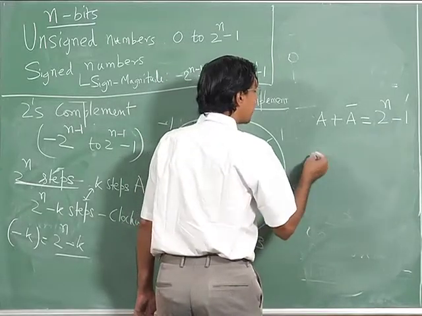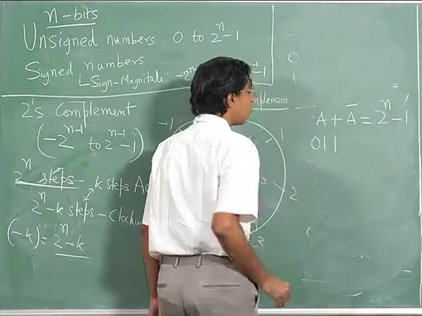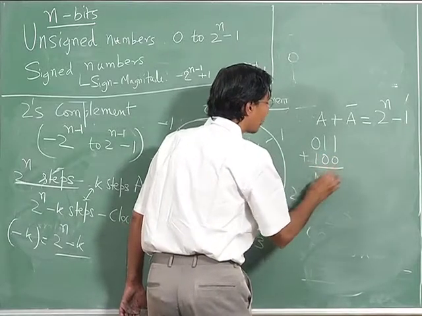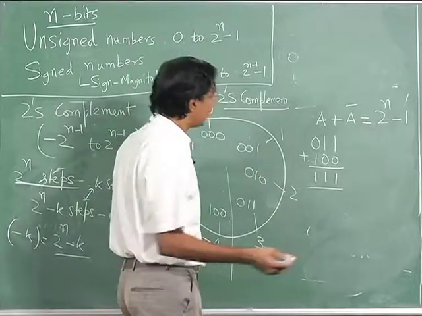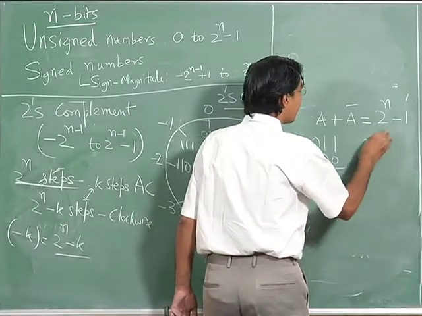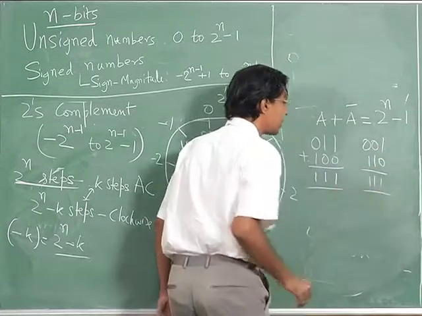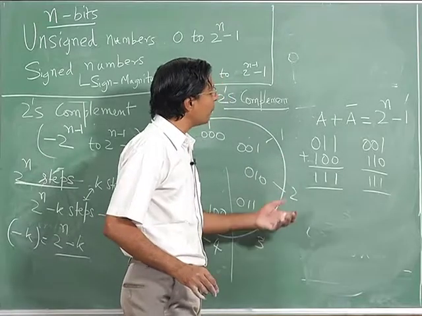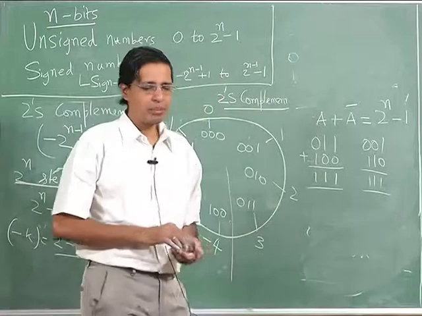Why? Suppose I take 3, for example, I complement every bit to get 1 0 0, I add them, I get 1 1 1, which is 7, which is 2 power 3 minus 1. Let us take another number, 1. I complement every bit and add, and I get 1 1 1 again. So for any number, complementing every bit and adding gives 2 power n minus 1.